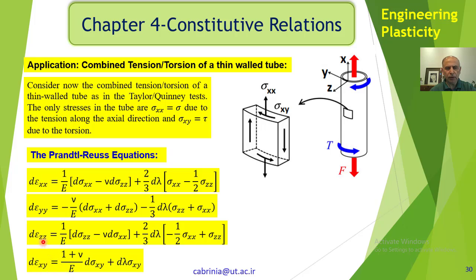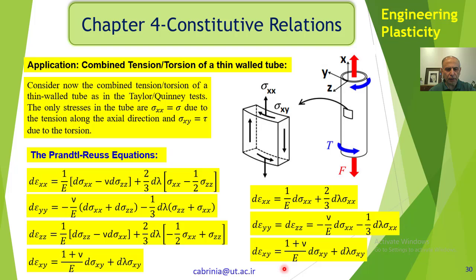Clearly sigma ZZ and sigma YY are 0, and we have only sigma XY and sigma XX. So we get these values like here. If we put here sigma XX, here 0 and here 0, we get 1 over E d sigma XX, that is 0, 2 over 3 d lambda sigma XX, and that is 0.